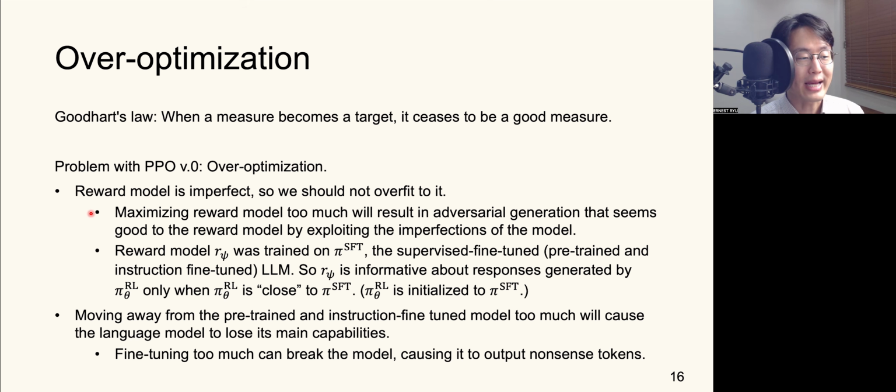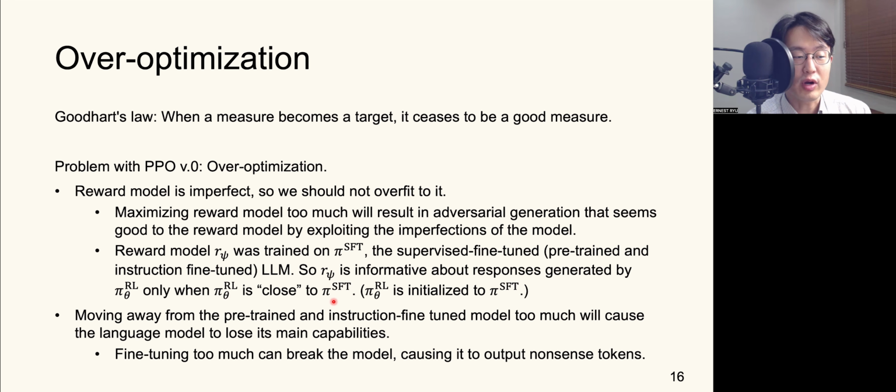If you try to maximize the reward model too much, this will result in adversarial generations that seem good to the reward model by exploiting imperfections of the model. We should remind ourselves that the reward model was trained on generations by the instruction fine-tuned language model. So the reward model is going to be informative about responses generated by the reinforcement learning trained language model only when this model is close to the instruction fine-tuned language model.